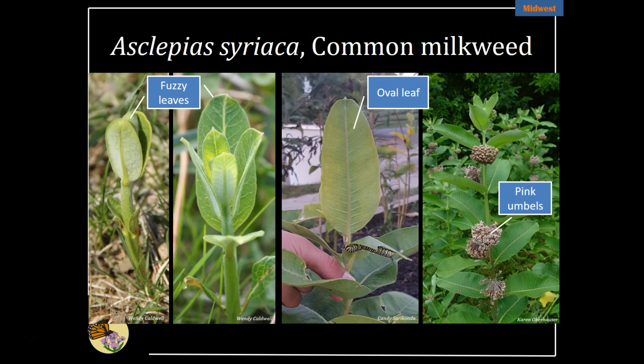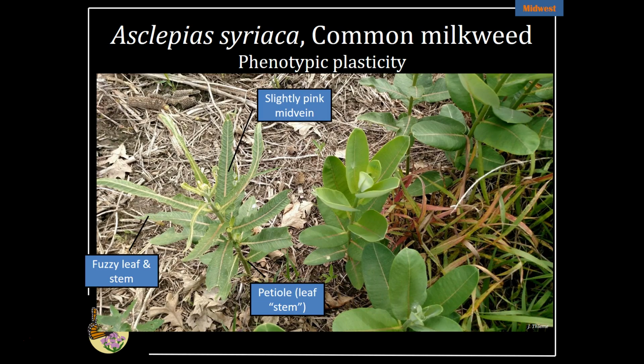Here's another look at some characteristics of common milkweed. Note how you can still notice distinguishing characteristics such as oval leaves, fine hairs, and small petioles on the new growth on the left, despite its young age. Common milkweed exhibits great phenotypic plasticity, meaning that the physical shape may vary based on soil condition, nutrients, chemicals, weather, or other factors.